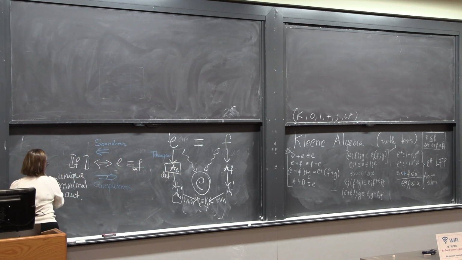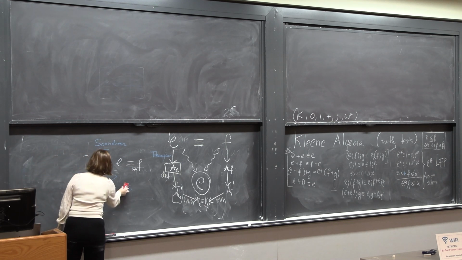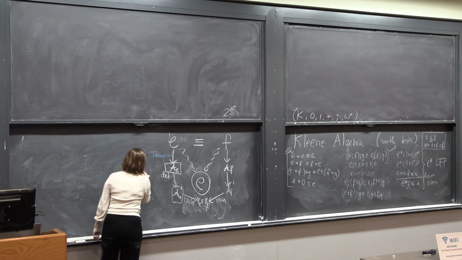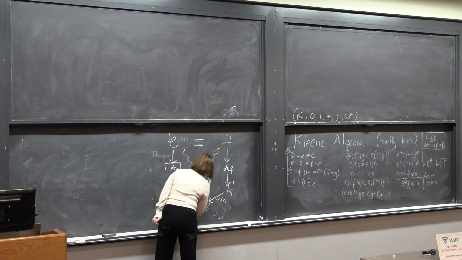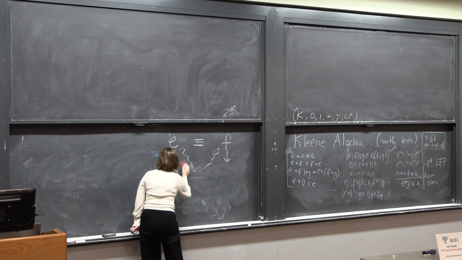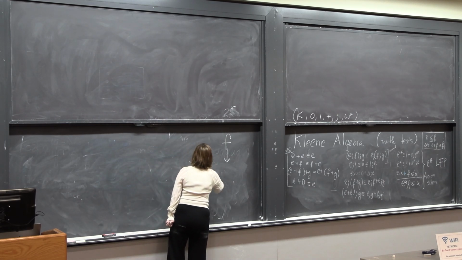Now, why did we spend almost 2 lectures talking about basic stuff like automata and regular expressions? Because we are now set up to add something to it that will allow us to reason about simple imperative programs.